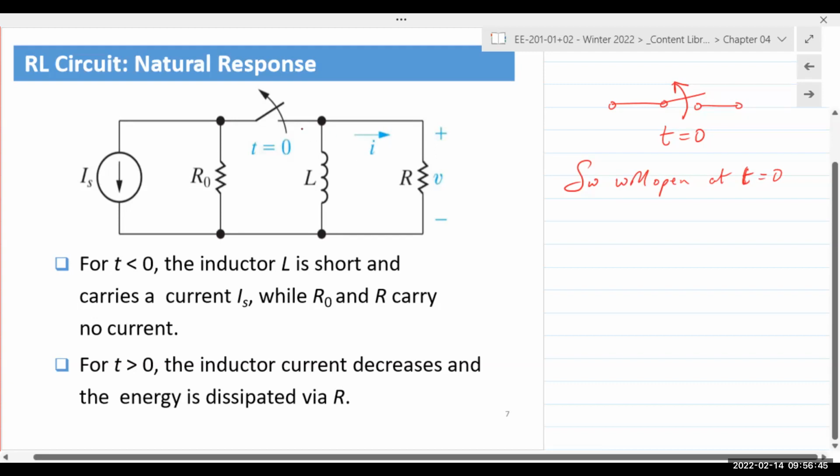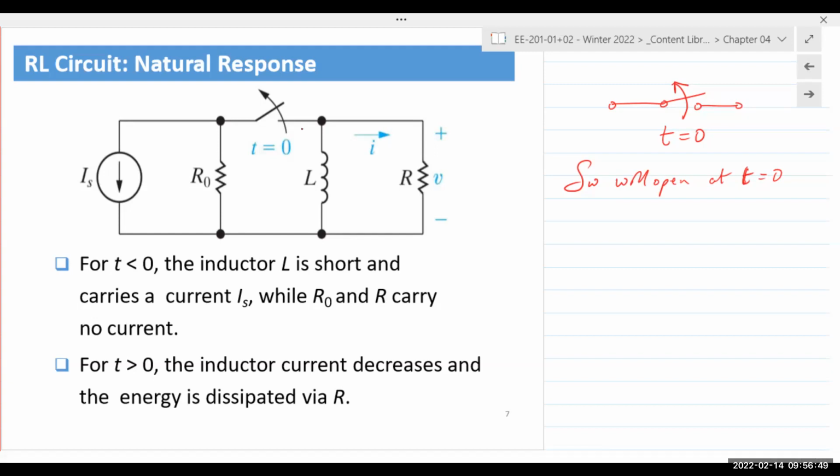Well, what happens after the switch is open? Good question. So if there's a source, why is it a natural response? The thing is, most of these problems involve analyzing circuits where, let's say, you have a square wave going in, for instance. To model that kind of input signal, we use a switch, right? So when we have a switch, the circuit changes.